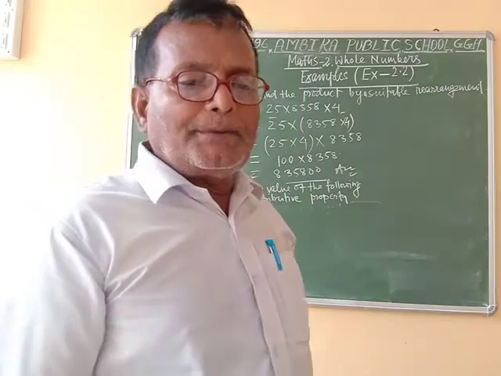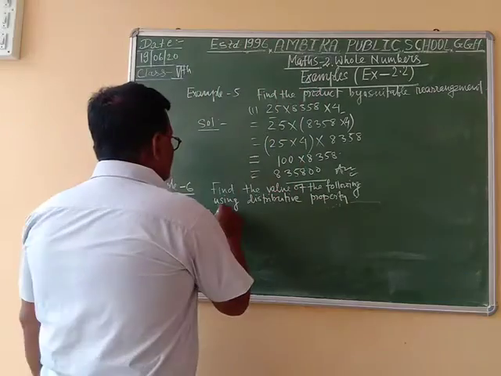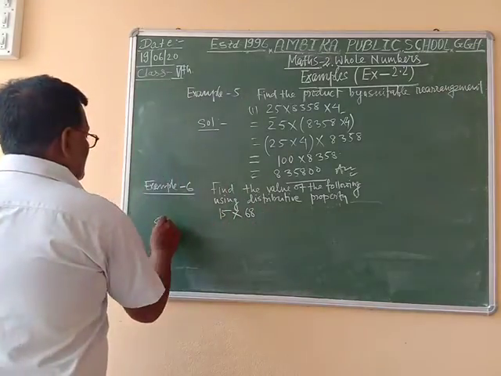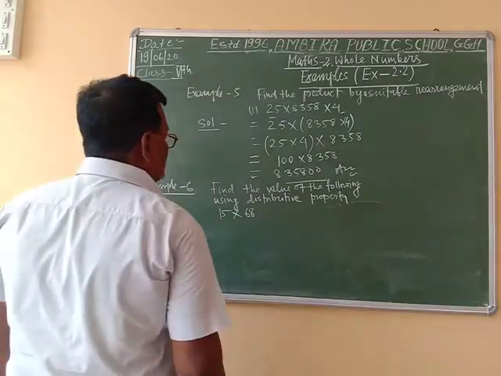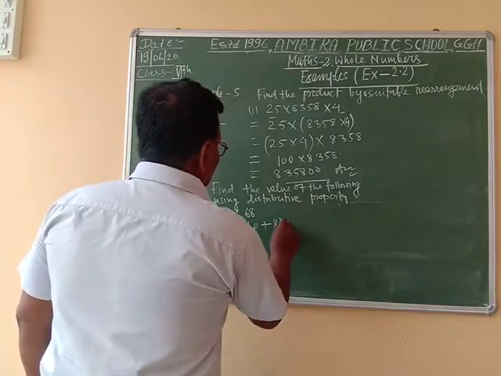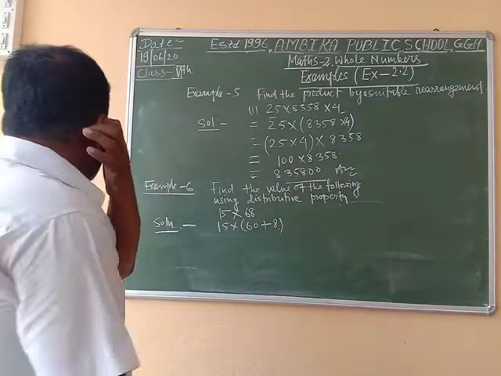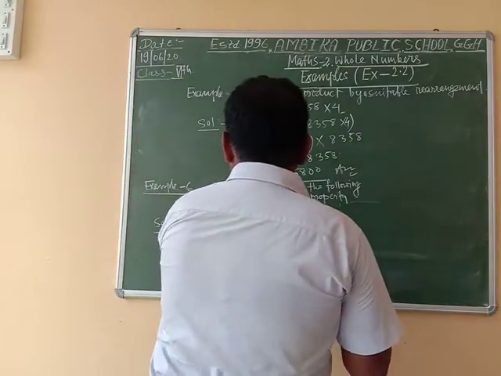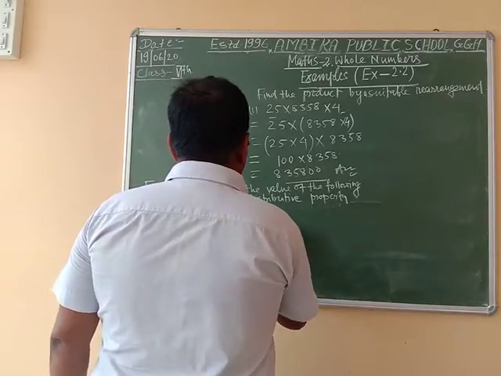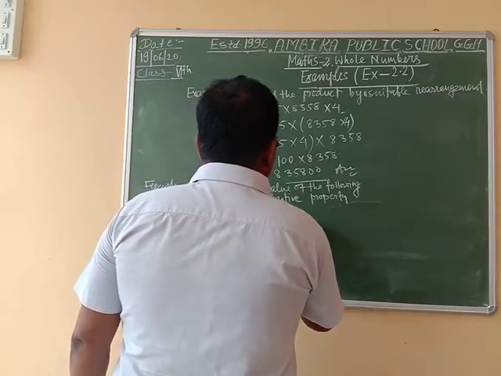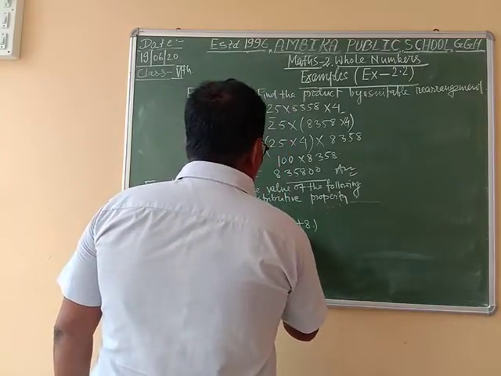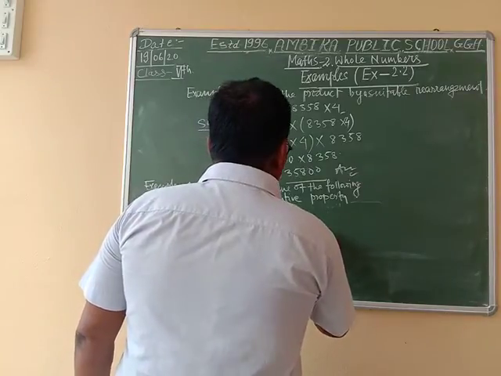15 multiplied with 68. Using distributive property you can write 15 into 68 as 15 into 60 plus 8, which is equal to 15 into 60 plus 15 into 8.